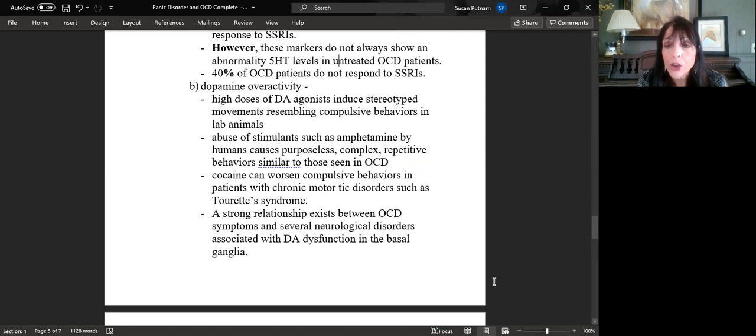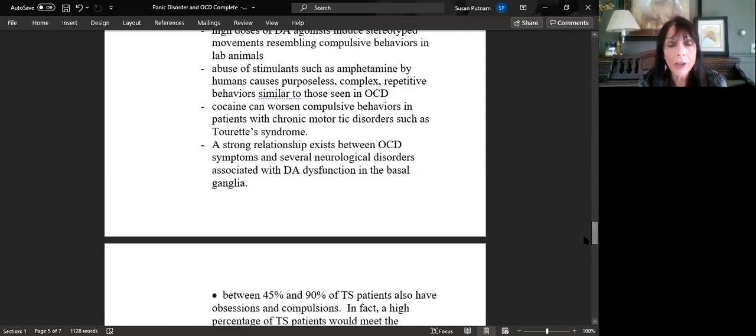And a strong relationship exists between OCD symptoms and several neurological disorders that are associated with dysfunction of dopamine in the basal ganglia.